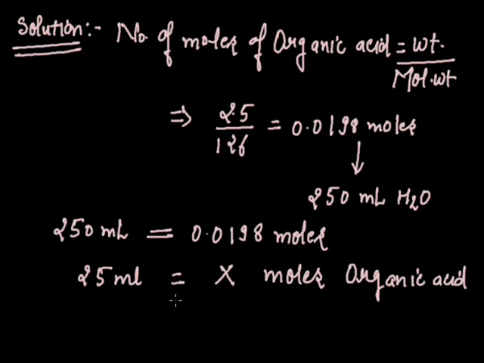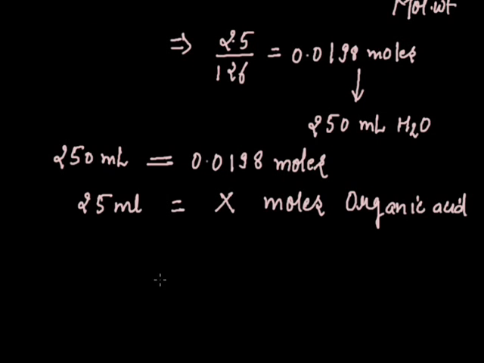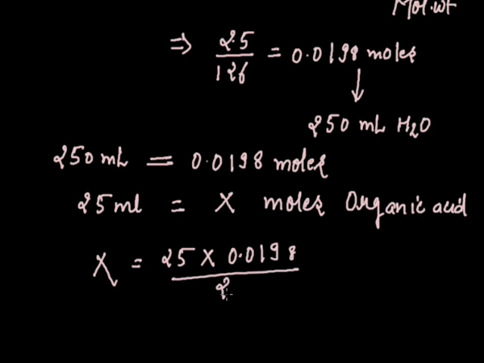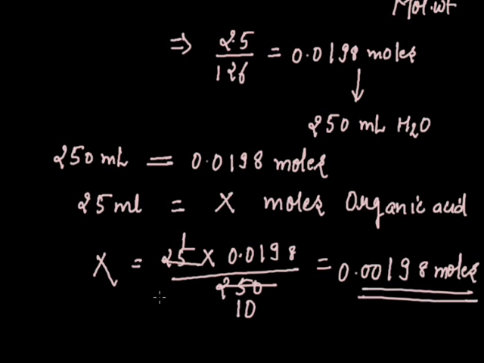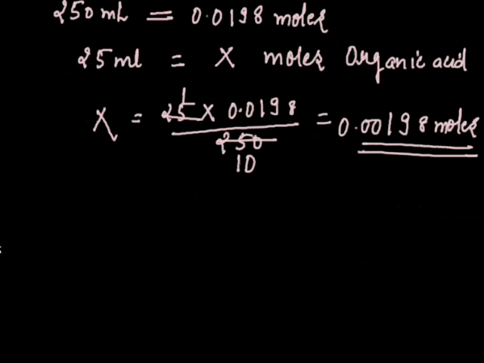So, the number of moles of the organic acid will come out to be X equal to 25 multiplied by 0.0198 divided by 250, which comes out to be 0.00198 moles.